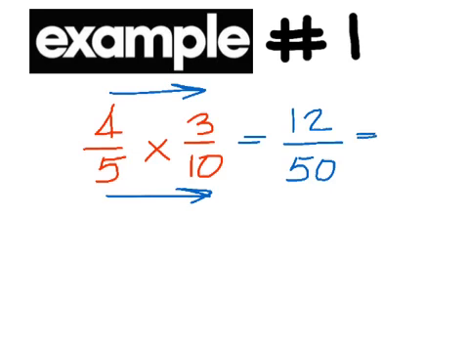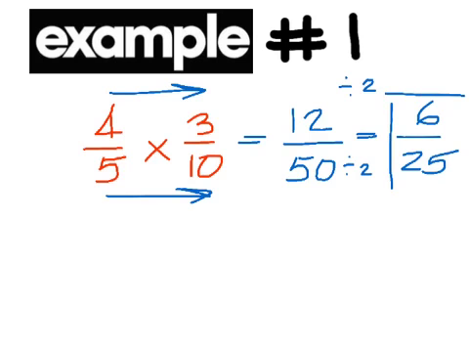But from there you have to reduce. Find the highest number that goes into 12 and 50. We can try dividing by 2 and get 6 over 25. Is there anything that will go into 6 and 25? So that's it. That's your answer. Multiply left to right and then reduce top to bottom if you have to.